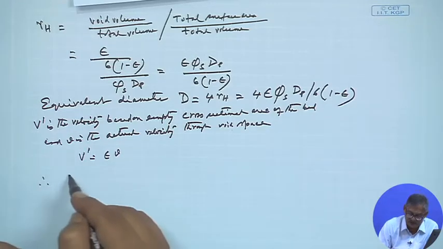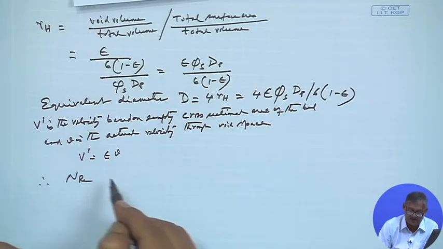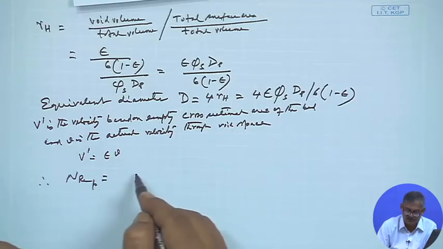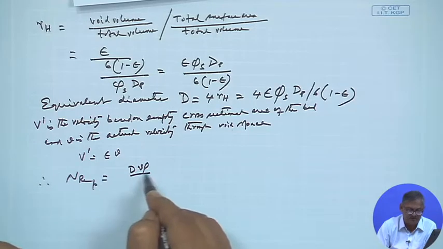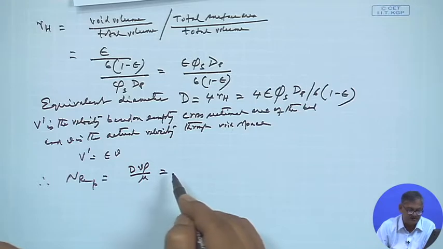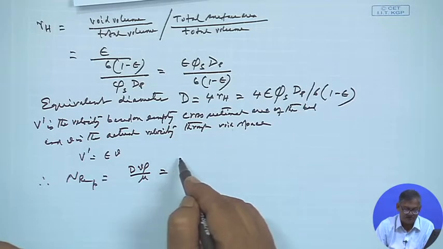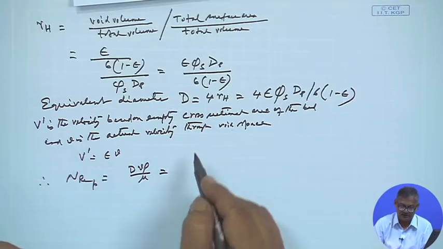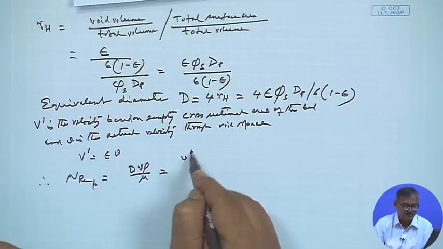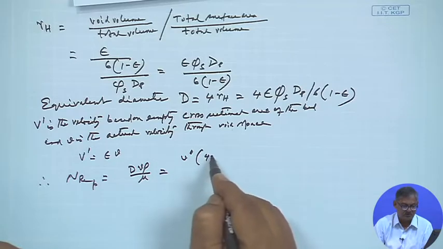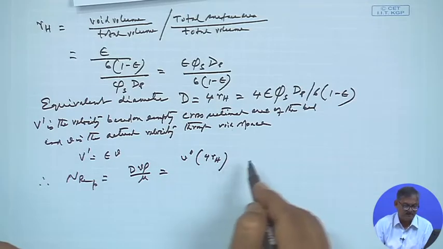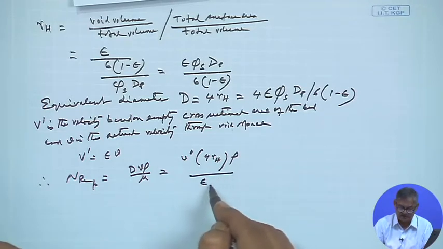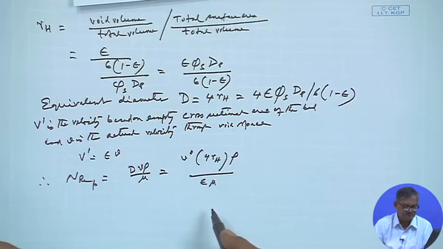Therefore, we can define N Re particle is equal to D V rho by mu by common definition. Now, if we substitute this D with the equivalent hydraulic diameter, this becomes V double prime 4 RH into rho divided by epsilon into mu, right.